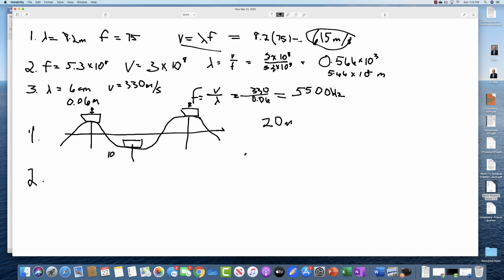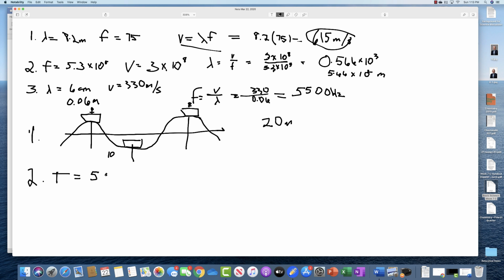Now, all you have to do is look back in the chapter and find that the period, frequently capitalized as capital T, is the time it takes to complete one wave. And they've just told you that time is 5 seconds.